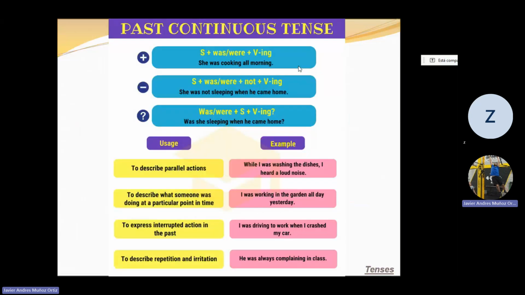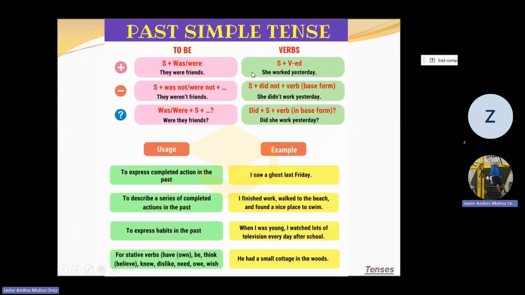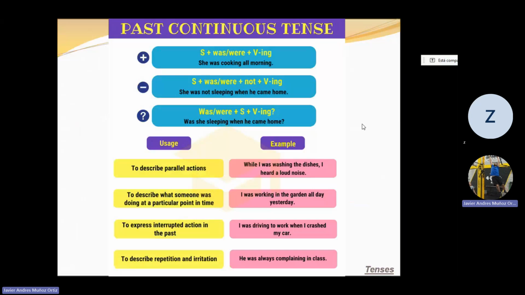Past continuous is kind of a mix between these two ways to see the past simple tense, because it mixes the verb to be with other verbs, both regular and irregular. And once again, it's very similar to Spanish in terms of organization.